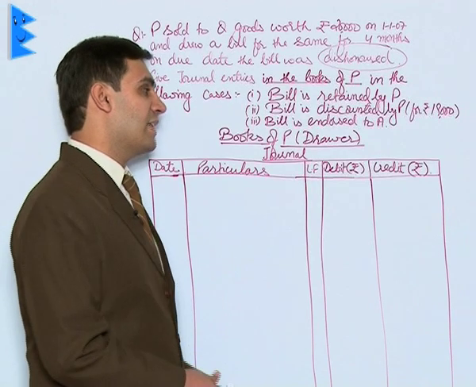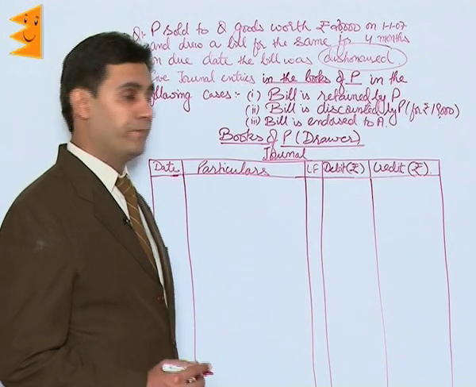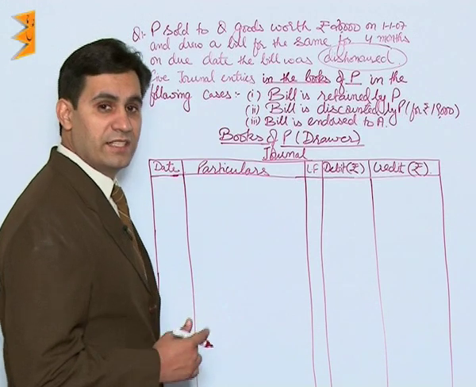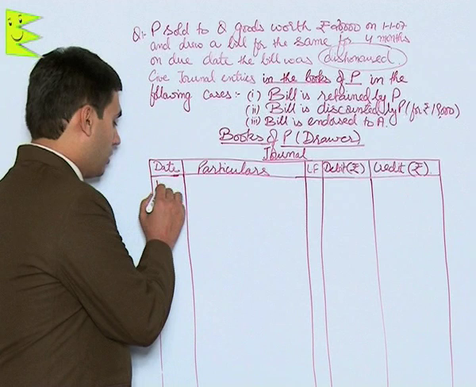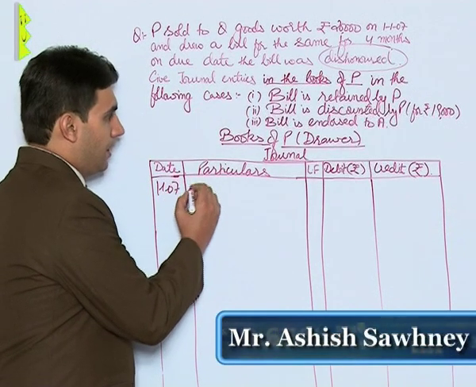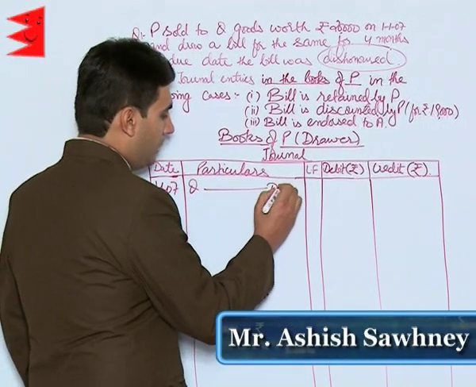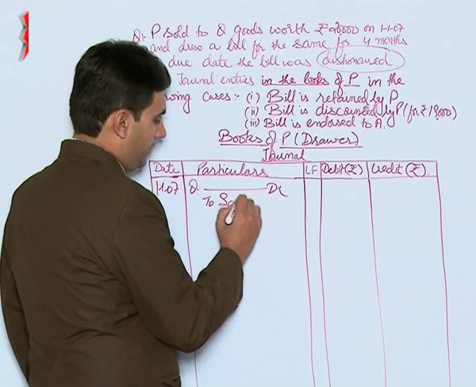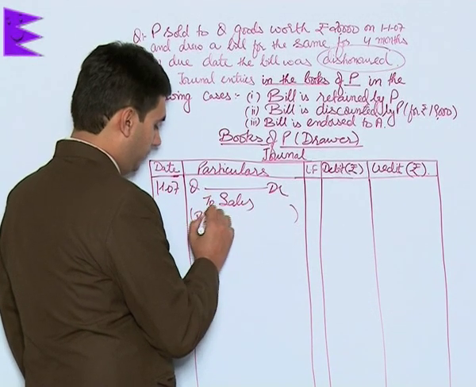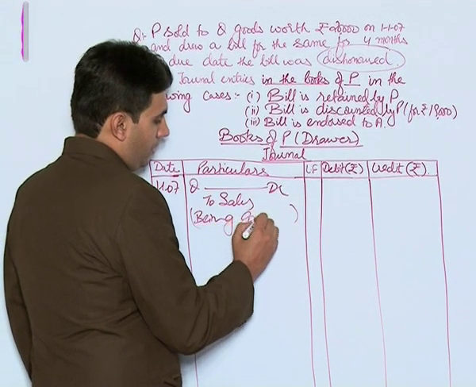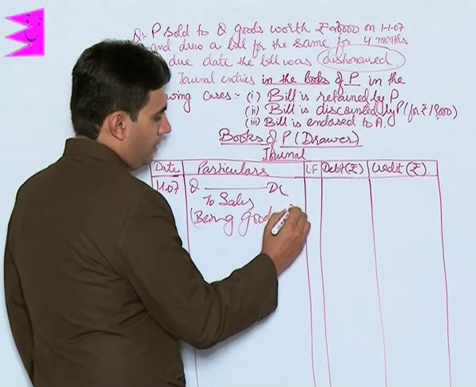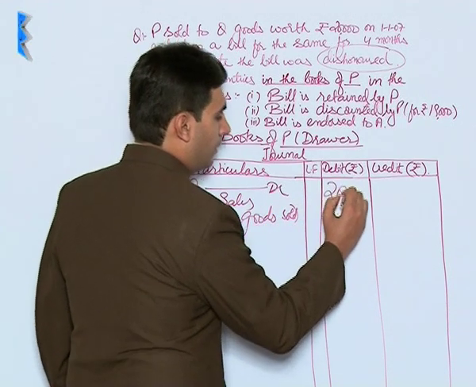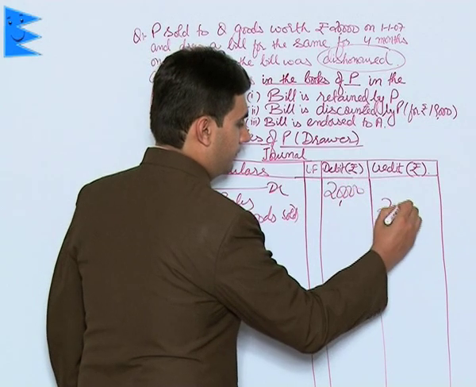Now case 3 says that the bill was endorsed to A. Again, as in the previous cases, the first 2 entries would be same. So on 1st January 2007, P sold goods to Q, entry would be Q to sales. Again, being goods sold and amount would be 20,000.